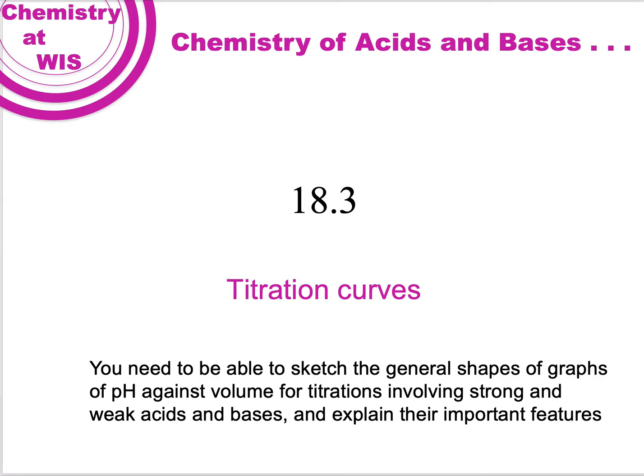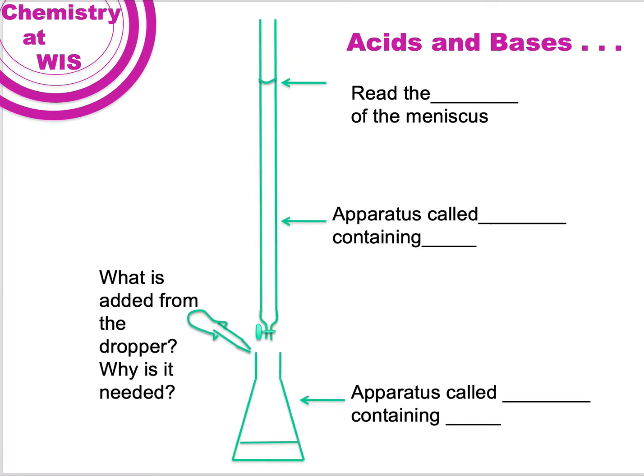We're going to look at titration curves, and in particular here for IB high-level chemistry, but just telling us a lot more about titrations and how we can analyse the data we get from them. And so regular titration equipment here, you can pause to complete the fill in the spaces.